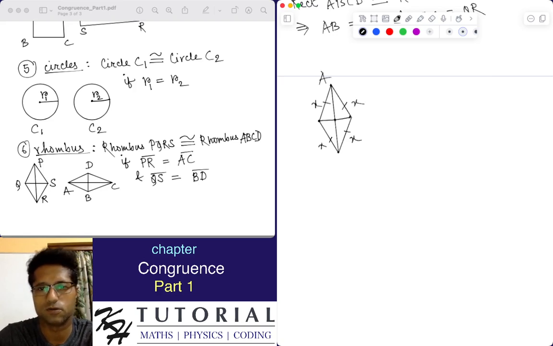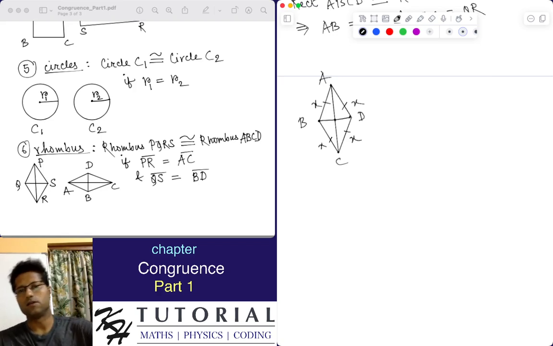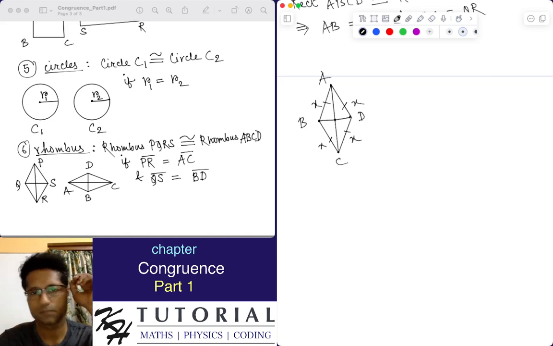So let's say this rhombus is ABCD. Now any other rhombus will be congruent to this rhombus only when their diagonals are of the same length. If it is so, then those two rhombuses are congruent.